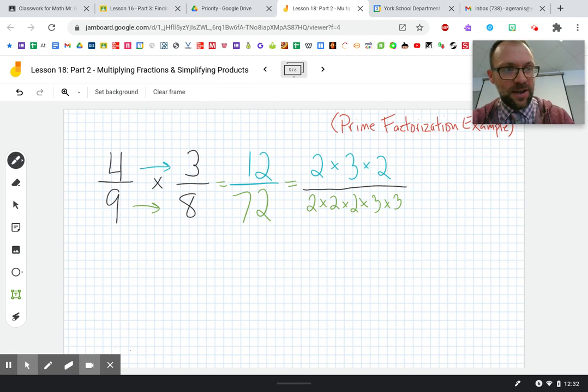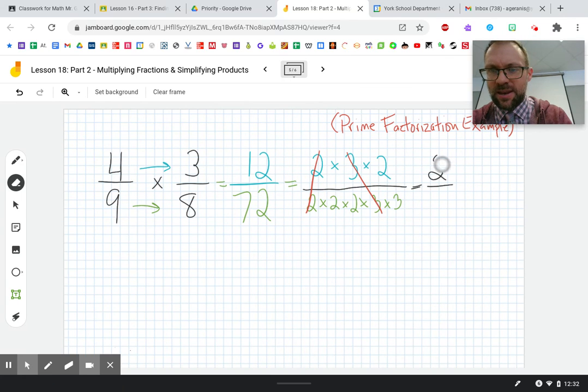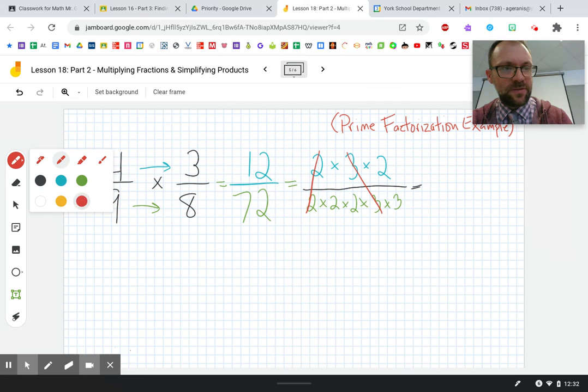All right, well, let's find our common pairs and cross them out. Let's see, there's a common pair of 2s. There's a common pair of 3s. So that leaves us with, what do we got? Well, let's see. We got just 2 on top. And am I missing? Oh, no, we don't have anything on top. I'm sorry. Look at that. See, you got to pay attention. There's another common pair that I missed, isn't there?